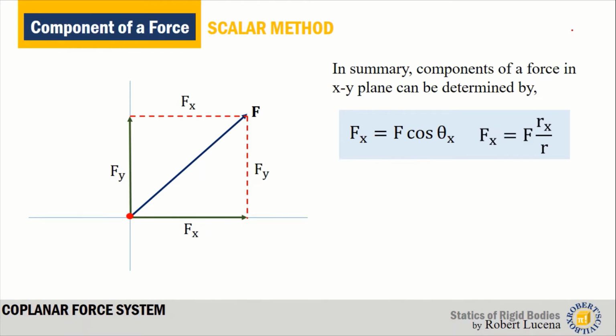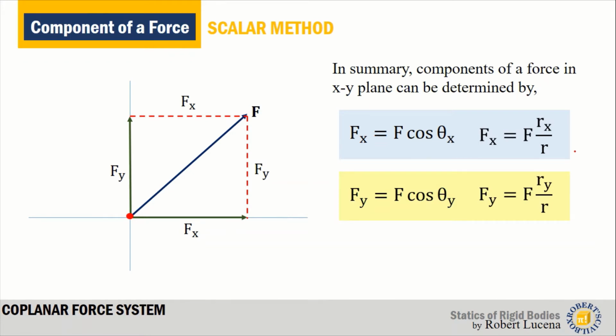So in summary, the components of a force could be determined by either analyzing its angle or by analyzing its slope. So if the angle is given, we use trigonometry, and if the slope is given, we can use ratio and proportion or by vector.